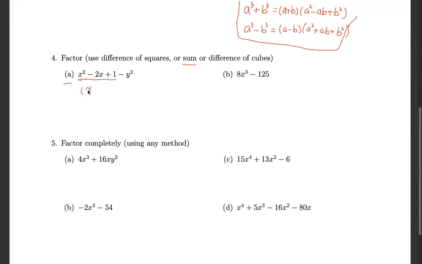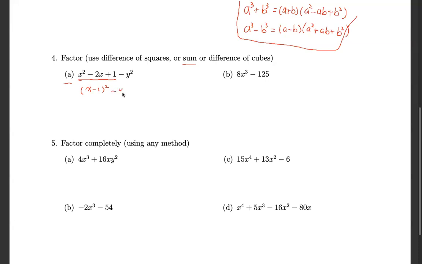This can be factored as (x minus 1) squared, right? You see the first one squared, then the middle term is the first one times the second one times 2, 2 times x times negative 1, negative 2x. Then the third one is negative 1 squared, which is positive 1.